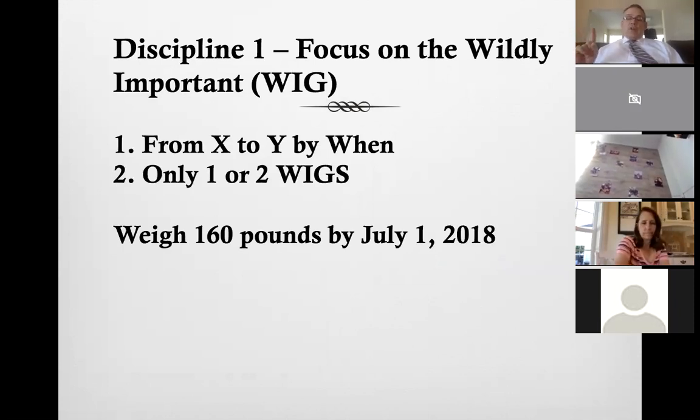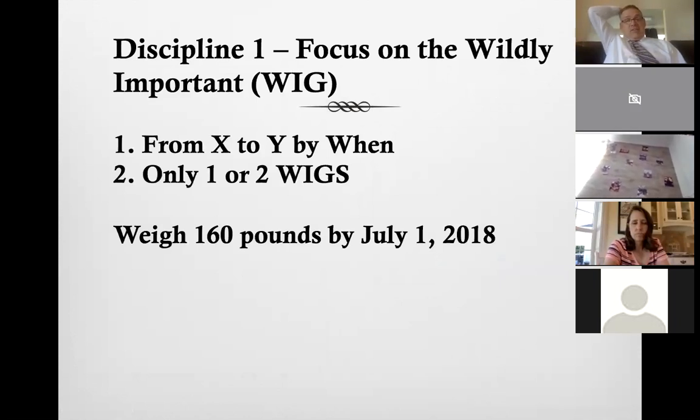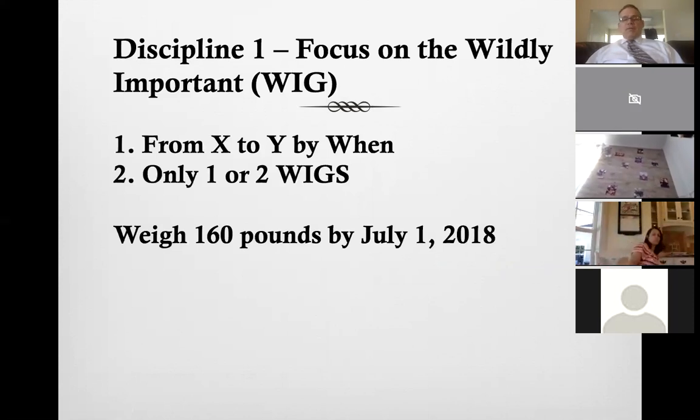It doesn't mean that the others are not important, but this is the keep-it-simple idea, you can do more with less. If you focus on one wildly important goal at a time, that doesn't mean you can't get to the others later, or try a little bit, but focusing on one improves your chances of actually achieving that goal.